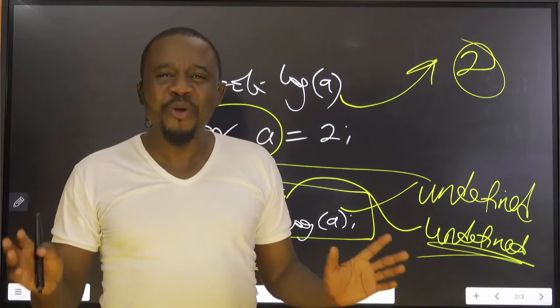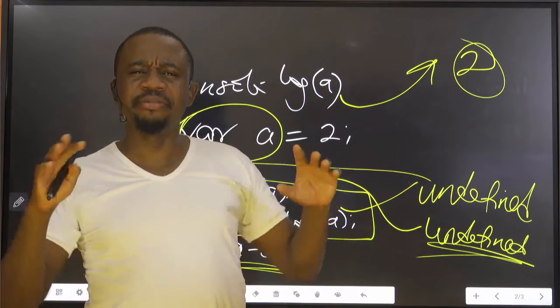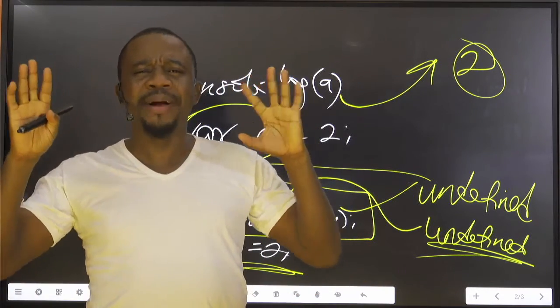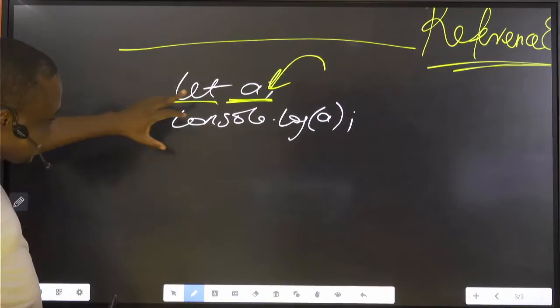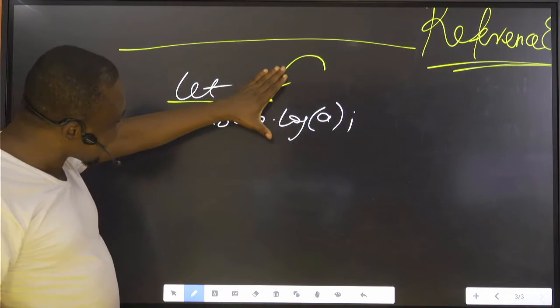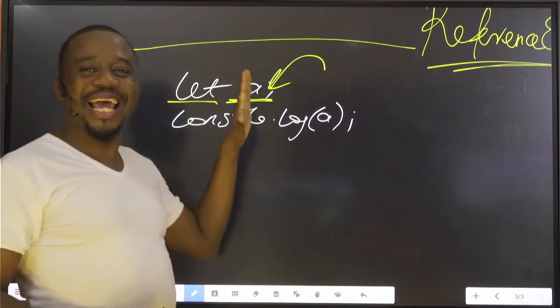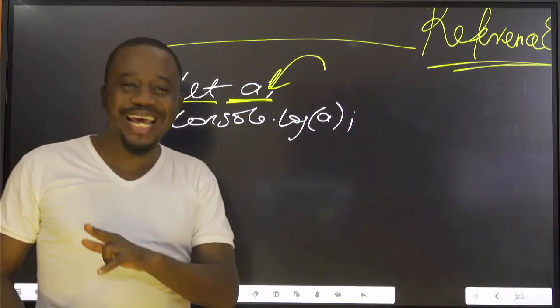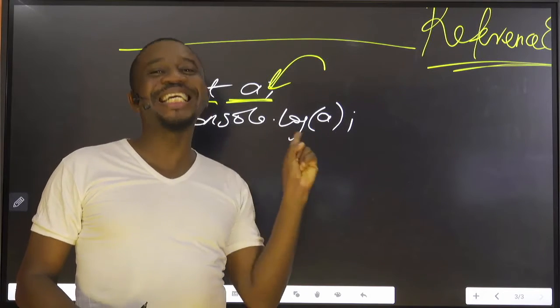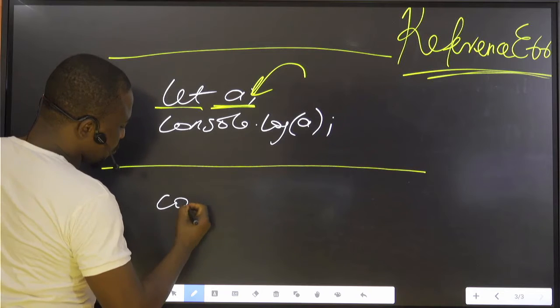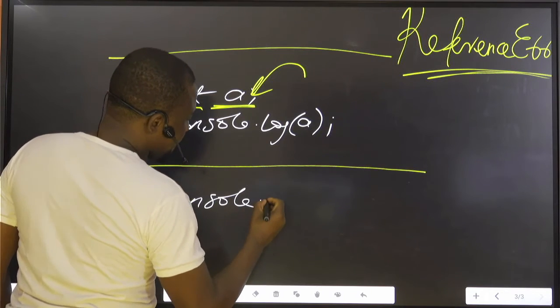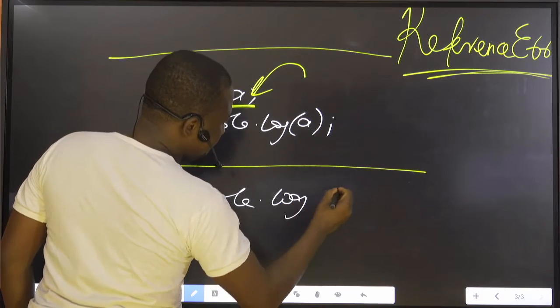Okay? Now you are saying, what type of abracadabra is that? See, look at this. This is telling you that a cannot be accessed until it is initialized. Look at this. If I do something like this now, I say console.log b.